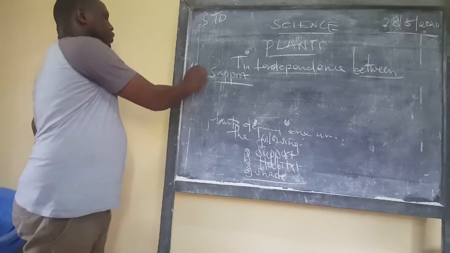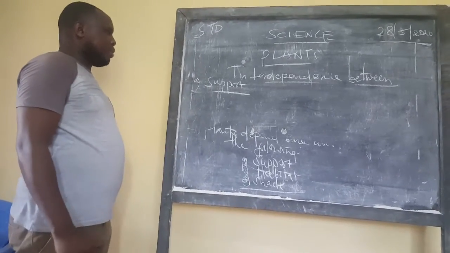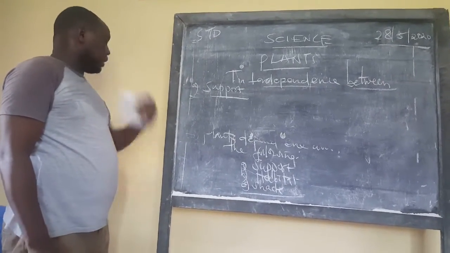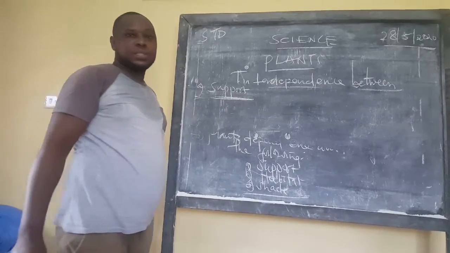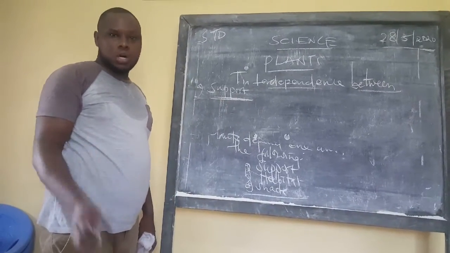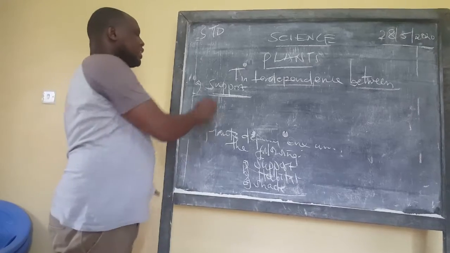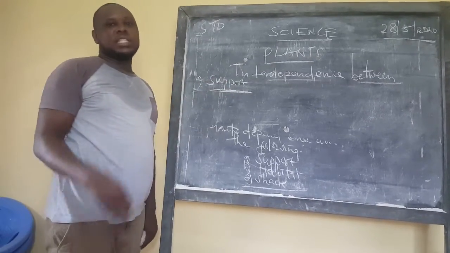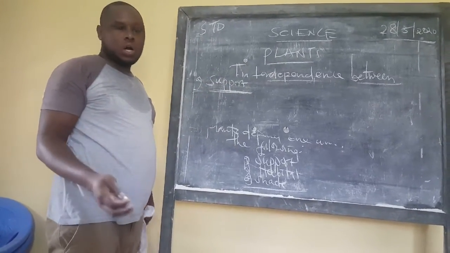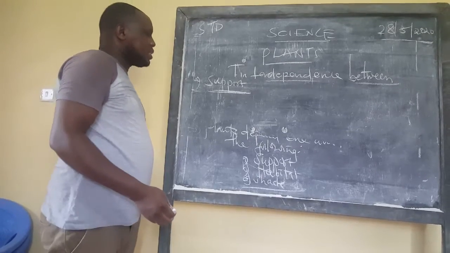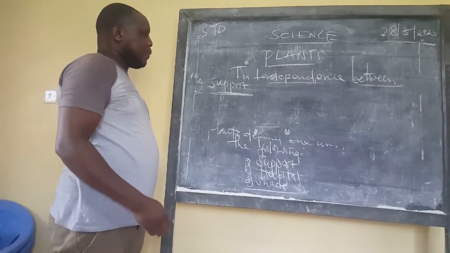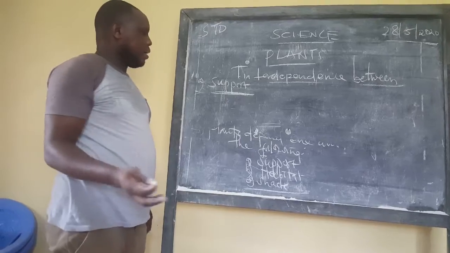Now, if we talk about support, ideally we mean that this one particular plant which is depending on the other for support is not strong, it's weak. And so it needs the other plant to support it so that it can grow. So when you talk about support, it means entirely depending for strength from the other plant.